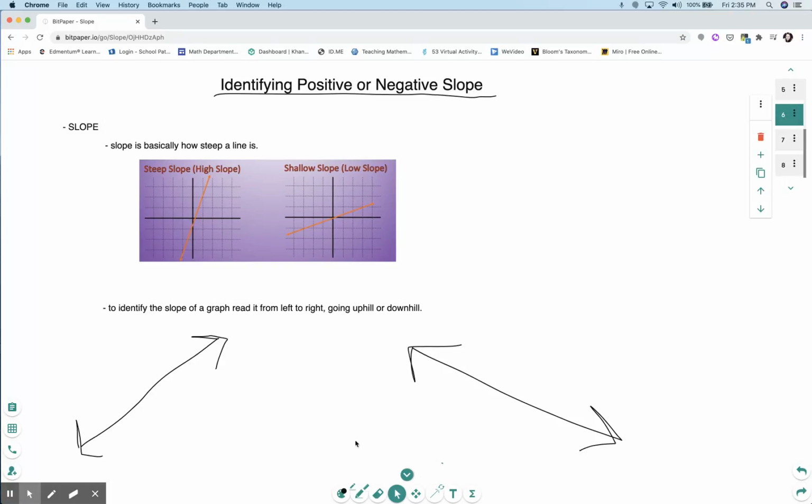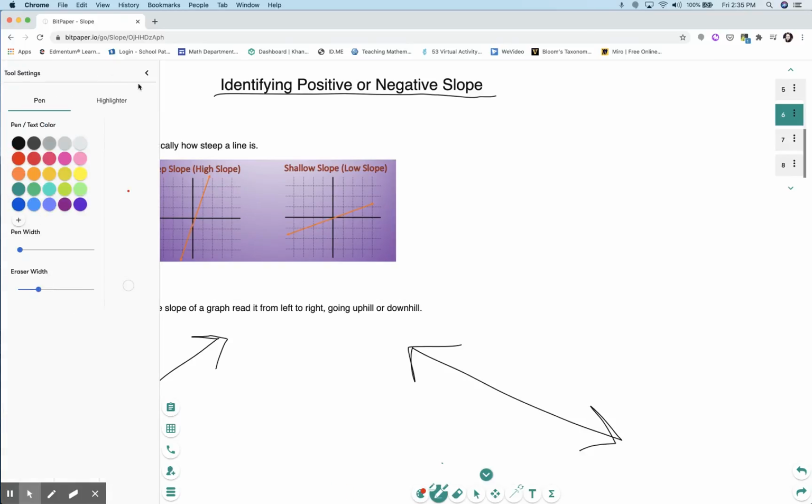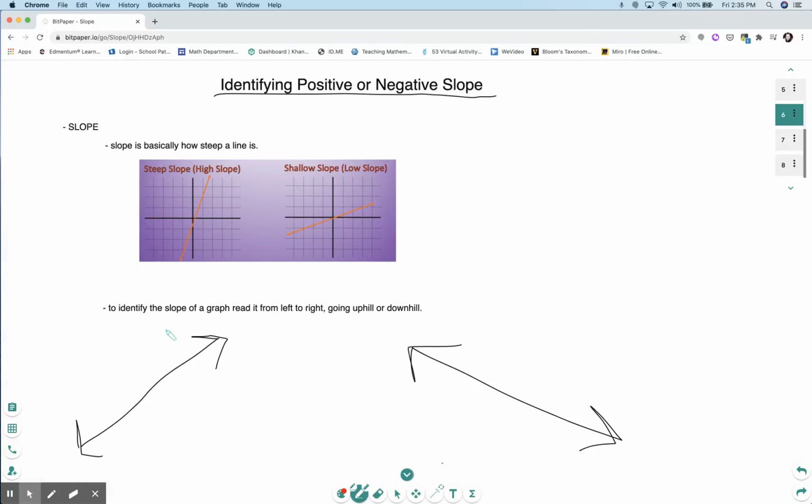So go ahead and write down these two little lines, and we're going to explain what I mean by going uphill. Just like you would read a sentence from left to right, we're going to read our graphs and our lines from left to right. So let's draw an arrow going from left to right and determine if it's uphill or downhill.